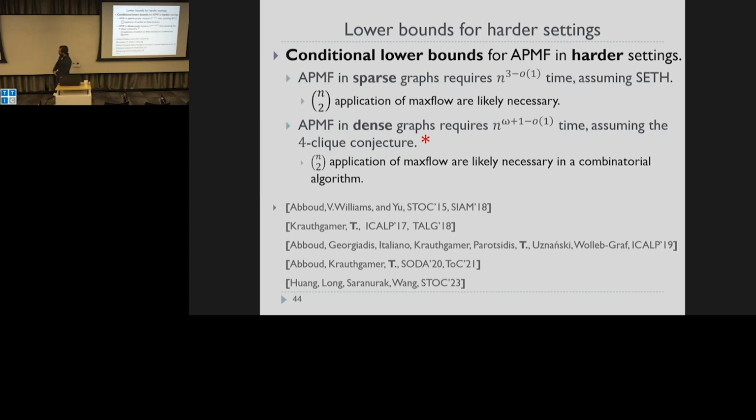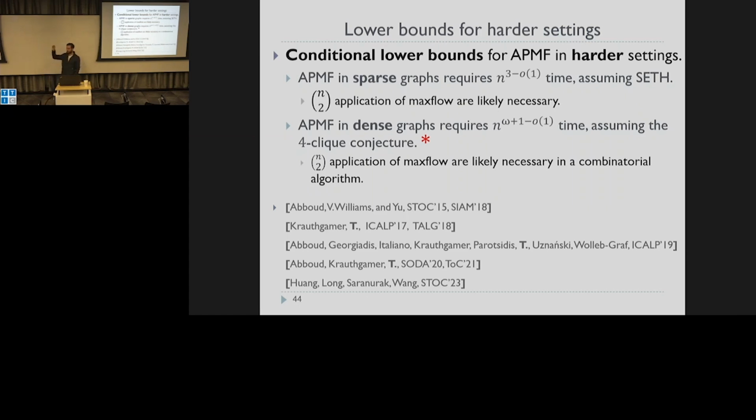For example, in sparse graphs, there is directed and edge capacitated. We showed that it requires n³ time in order to find those all-pairs max flow values, assuming the SETH that we just discussed, the strong exponential time hypothesis.